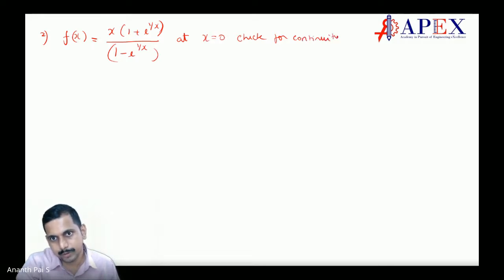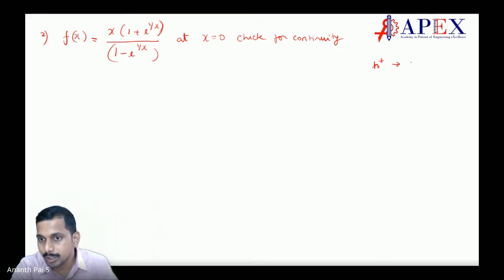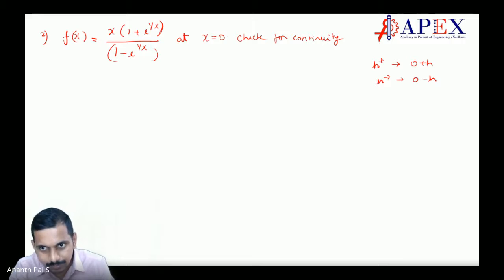So what should we do first? One of the methods I have told you is, when you are going with h plus, you can use x plus h, that is 0 plus h, or whatever the value of x we got. And when you go with h minus, you can go with 0 minus h, with h tending to 0.